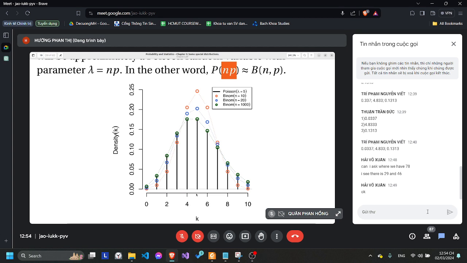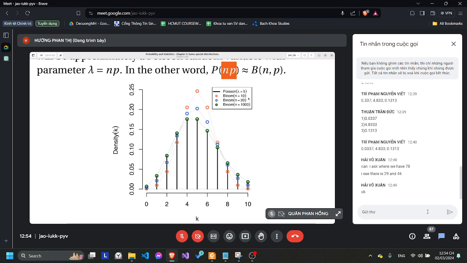For example, at position S equals 5, the probability calculated by the Poisson distribution is around 0.17, but calculated by the binomial distribution with n equals 20 is around 0.20. It's still far from 0.17.